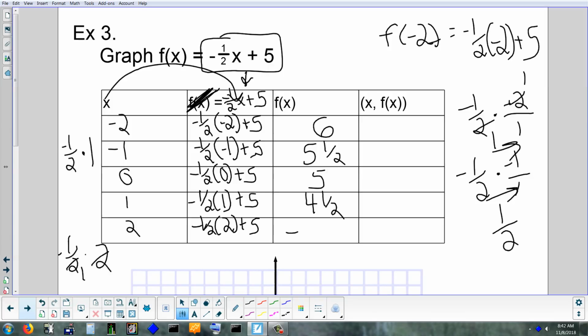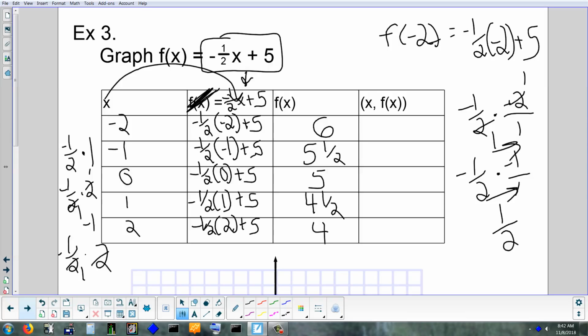So I got negative 1 plus 5, which is 4. I knew something was wrong. I didn't add the 5 then. I'm sorry about that. Going too fast.